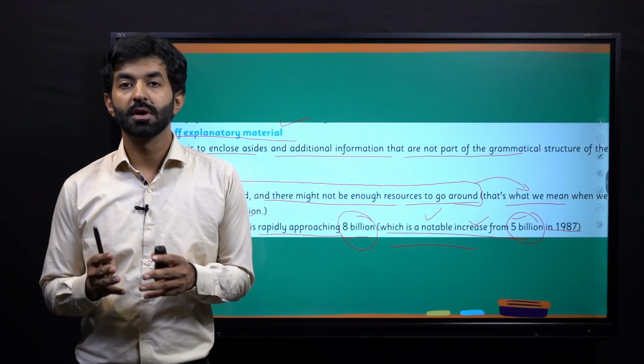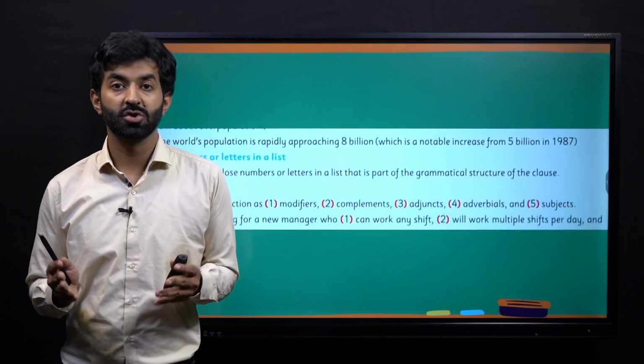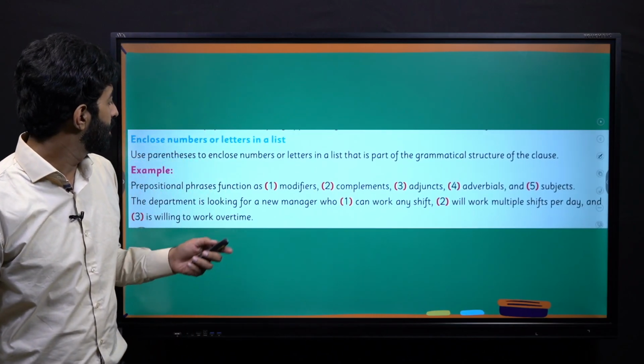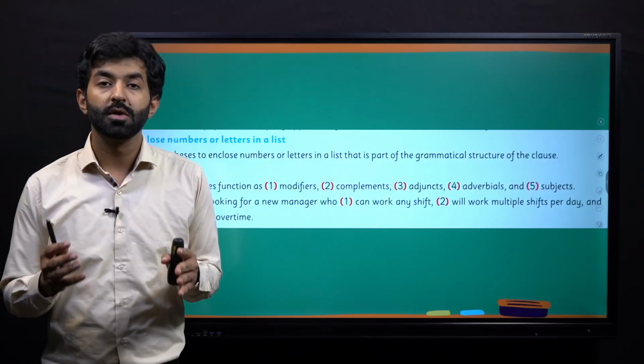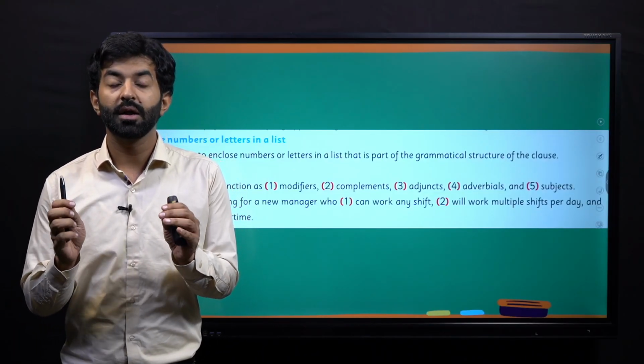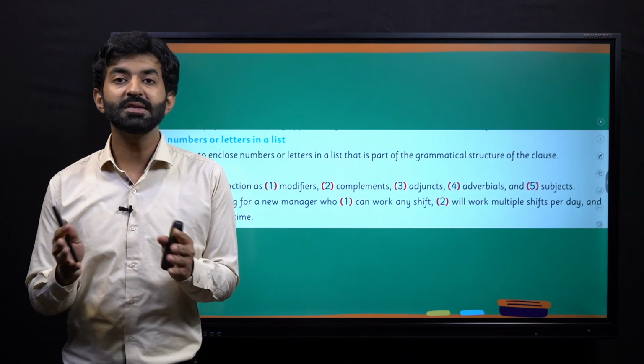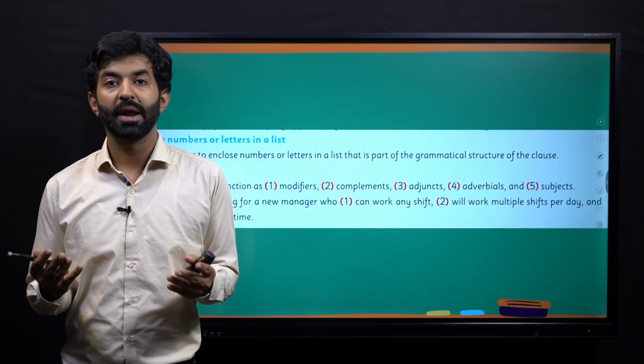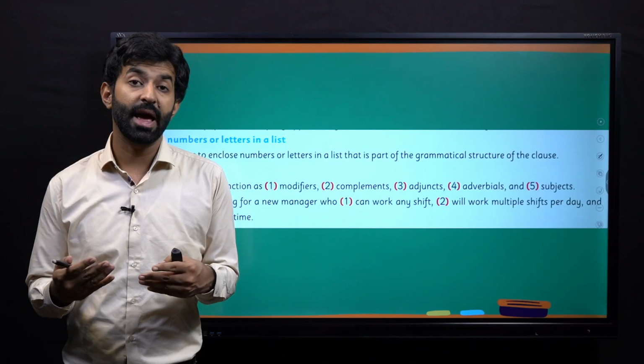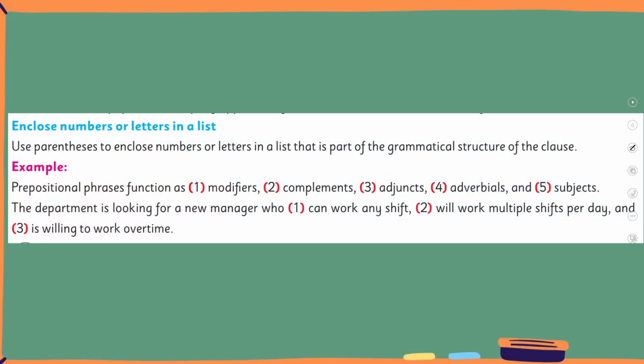Now, students, I hope the use is very much clear. We can also enclose our numbers for listing something in parentheses, as you already use it, but without knowing it. So let's see.